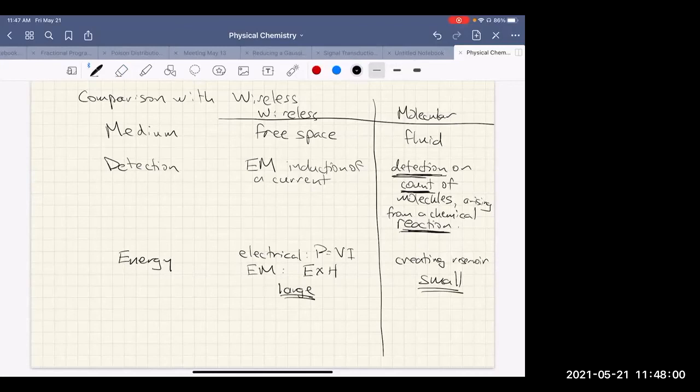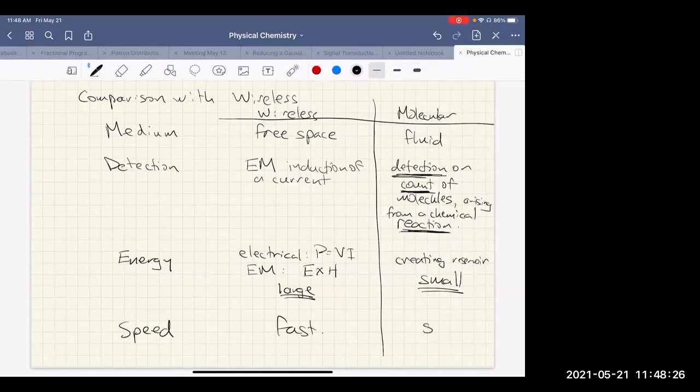The other thing to think about is that this doesn't come with a free lunch again. You might look at this and think, gee, small amounts of energy are good. We don't like large amounts of energy. So maybe we would just use molecular for everything. But the real disadvantage comes with speed. Wireless is very fast, as we know.